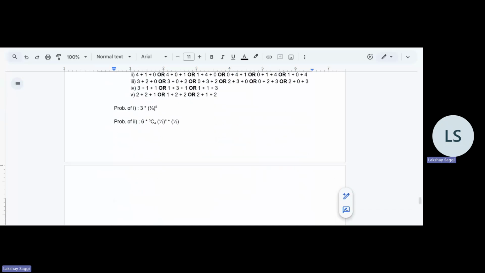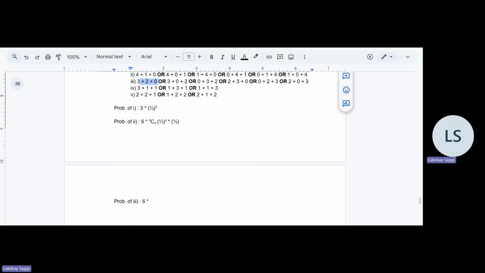And then what's the probability of case 3? In case 3 there are again 6 cases, so we just multiply it by 6 directly. And now 3 balls are going into one bin, 2 balls are going into the second bin.